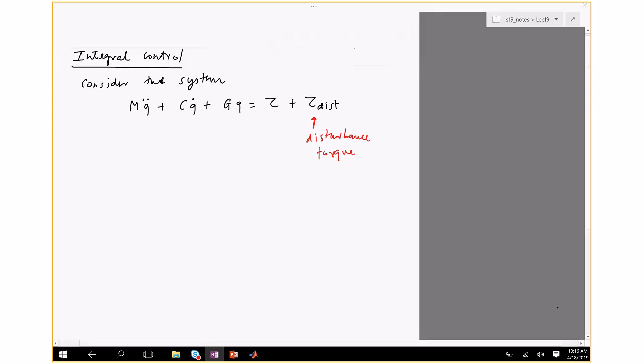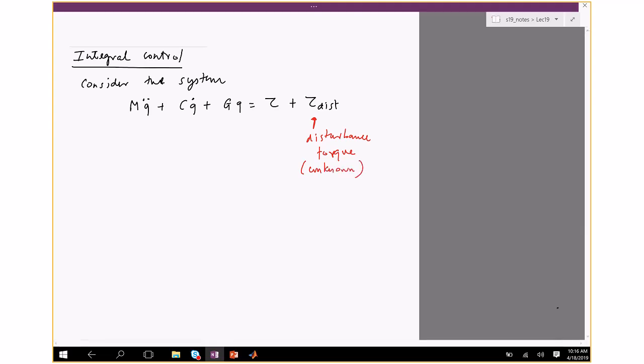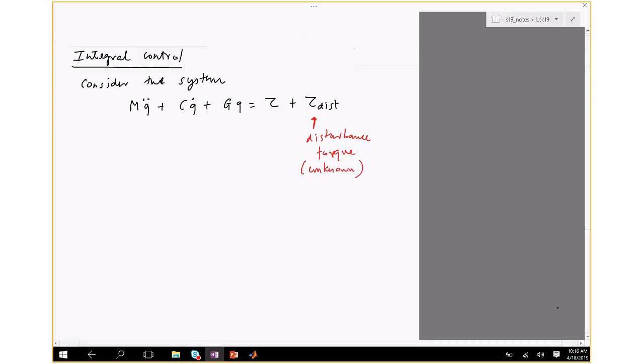So this is unknown. Even though I wrote down the equation, it's not known. So even though we don't know anything about the disturbance, we can design a control law based on control law partitioning.